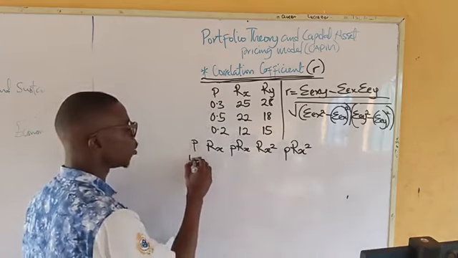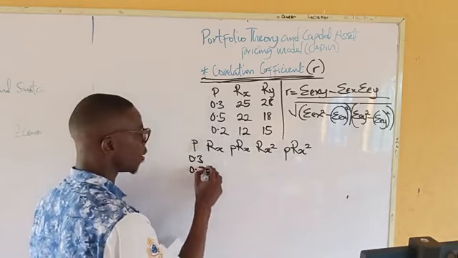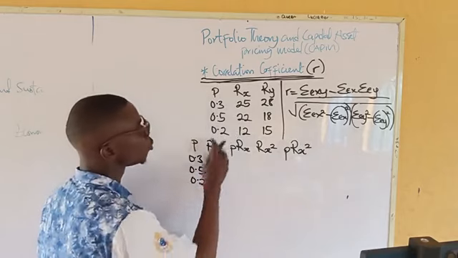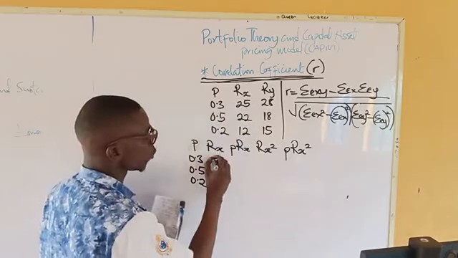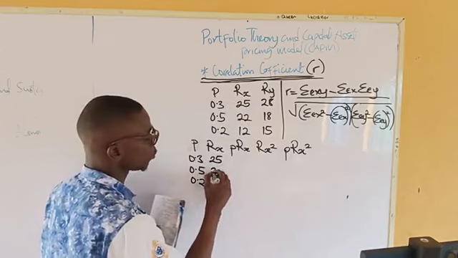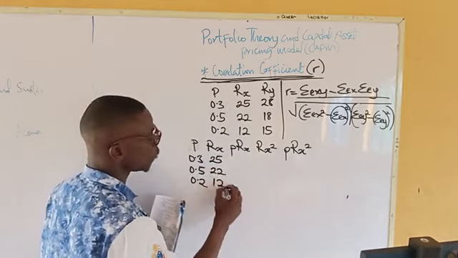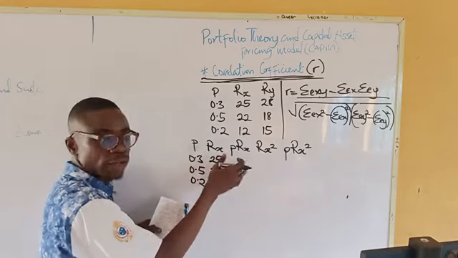So look at it now. 0.3, 0.5, 0.2. Return on Y is 25, 22, 12. So we don't have this; this is what we are deriving now.